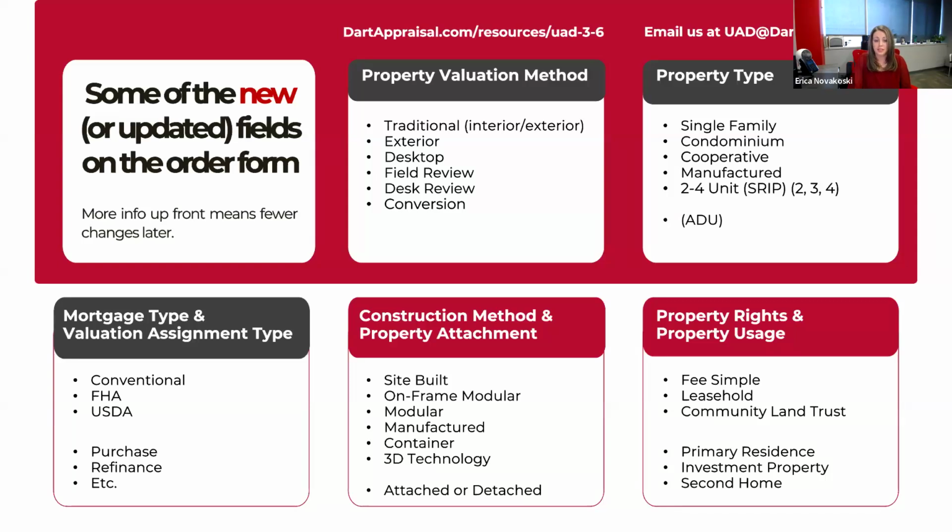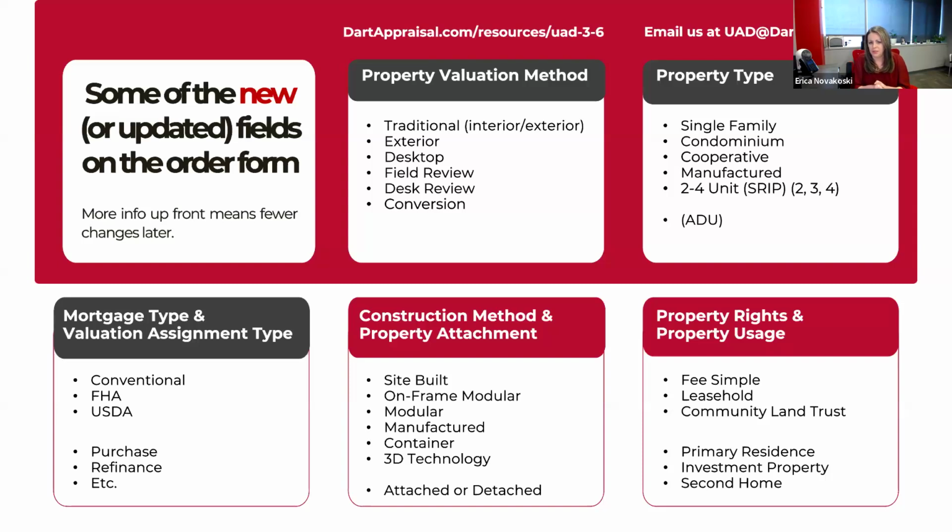So for this one, you'll see attached or detached with the detailed Fannie Mae definitions for each. And then bottom right, we have property rights, fee simple, leasehold, community land trust, and property usage. So primary residence, investment property, second home, with the Fannie Mae definition for each one and an other option for each of these categories as well.